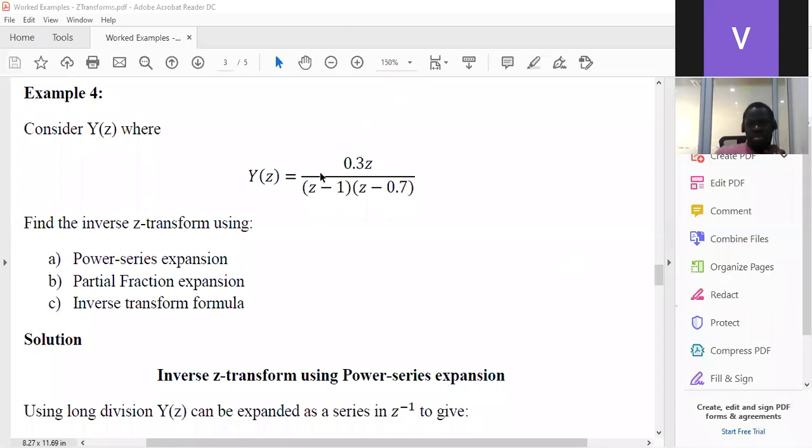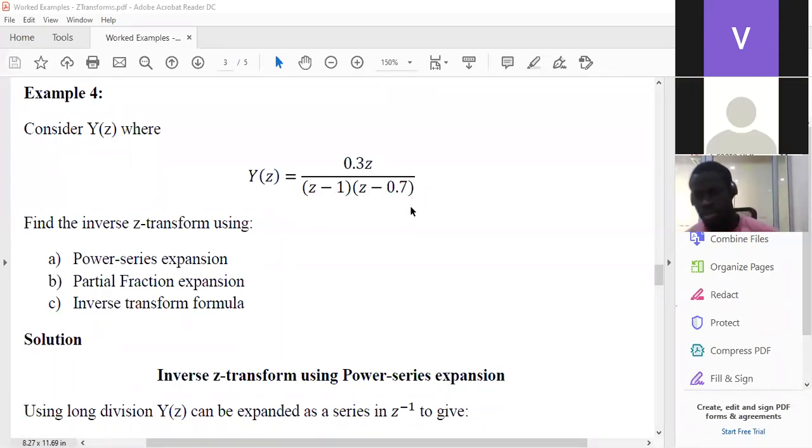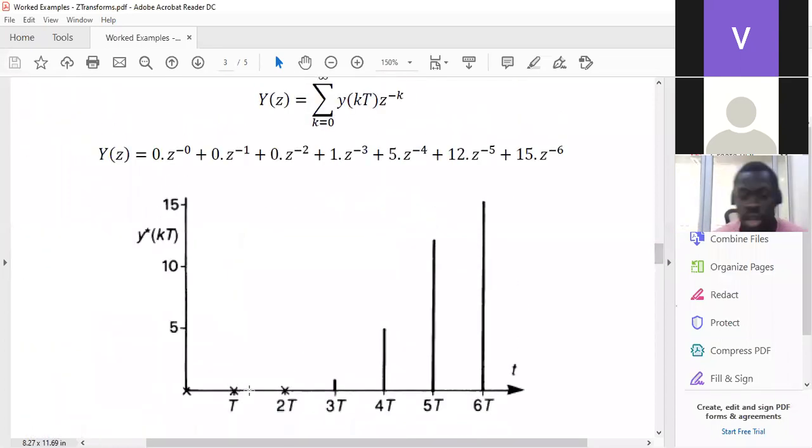So I think what I'm going to do now is, somebody asks, if in the equation it is y of k, why is it y of kt on the graph? Thank you for the good question.